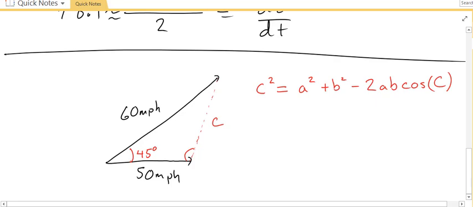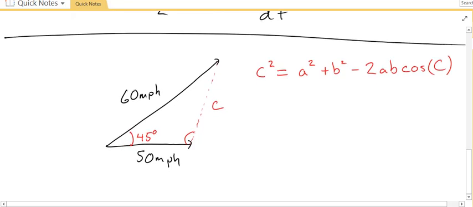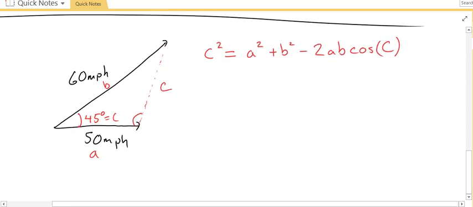Now, with the way this problem is written, I can call this side A and this length B, and this is my angle, big C. So we can go ahead and substitute that value in, and this will be the cosine of 45 degrees.